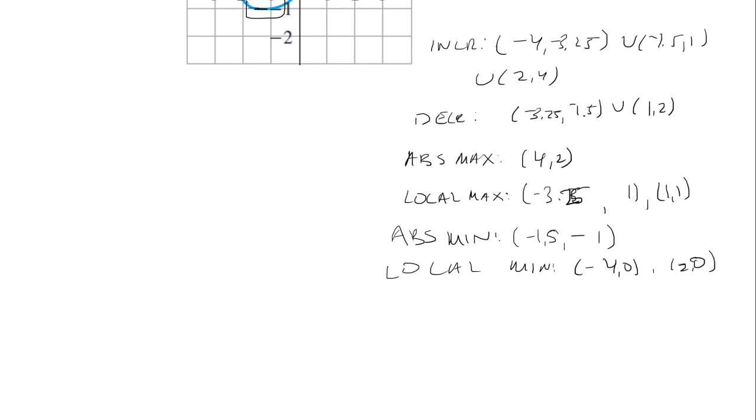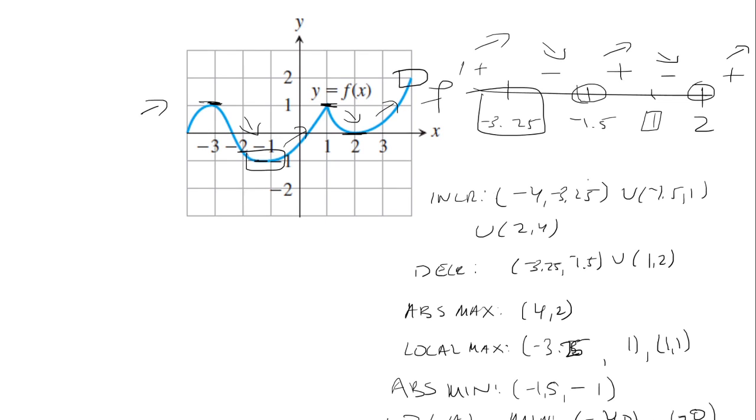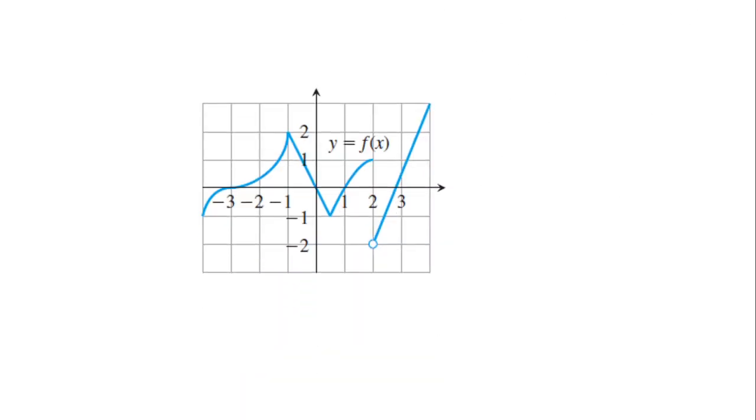And then negative 1.5 and 0. So we also want to include the endpoint here, because to the right it's increasing. Okay, so this is a local minimum. Okay, let's go on to the next one.